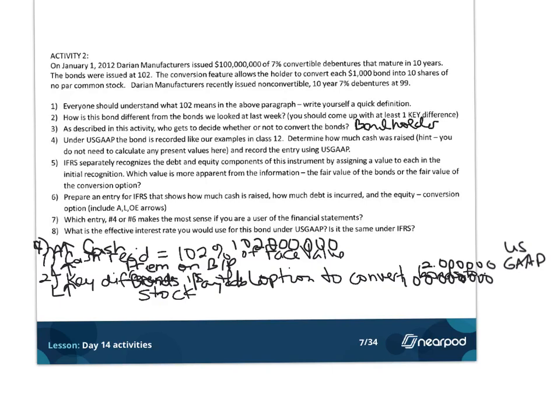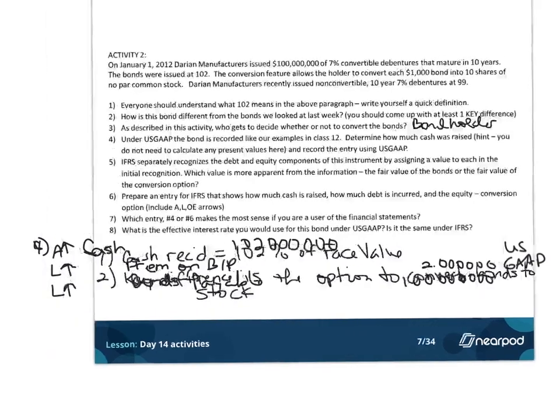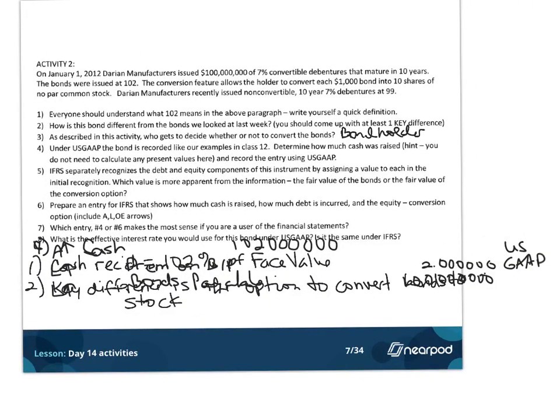We're going to call it a conversion option. IFRS says you split those two things out and put a dollar amount on each one. Looking at the problem, there's not any information about the value of the option. There's a description of the option, but there's not really enough information to value it.